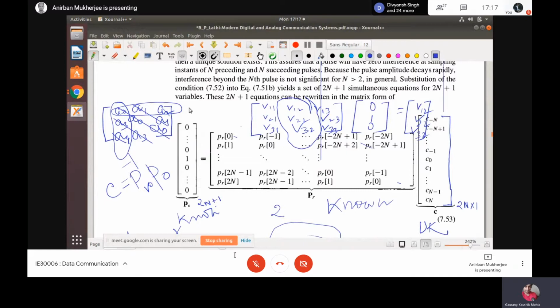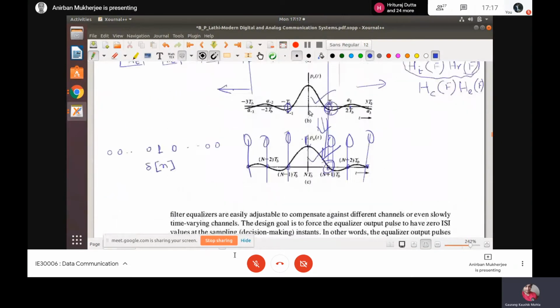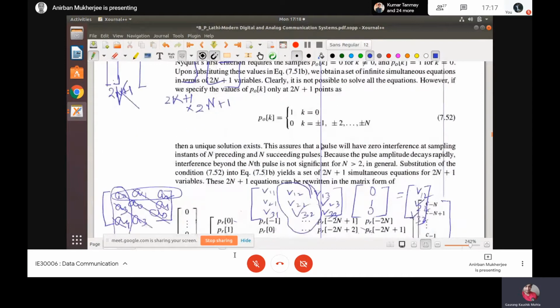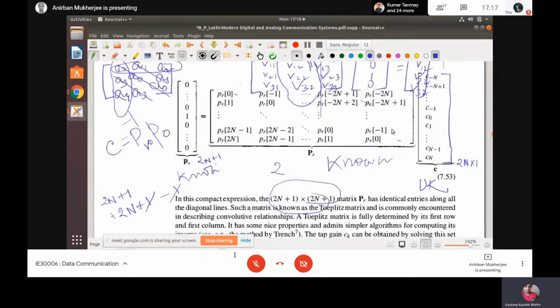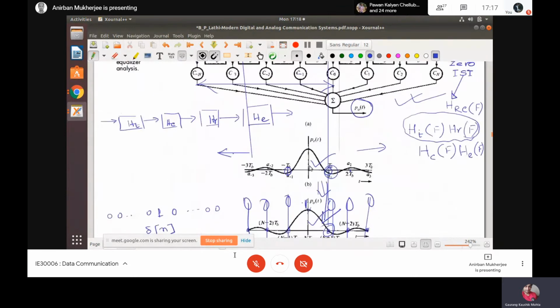Because it is all time points, 4n plus 1 means this is my output: this side 2n, that side 2n, and this side 1, that is 4n plus 1, P0t. Here I have all these PR0 values, and I already know my PR0.